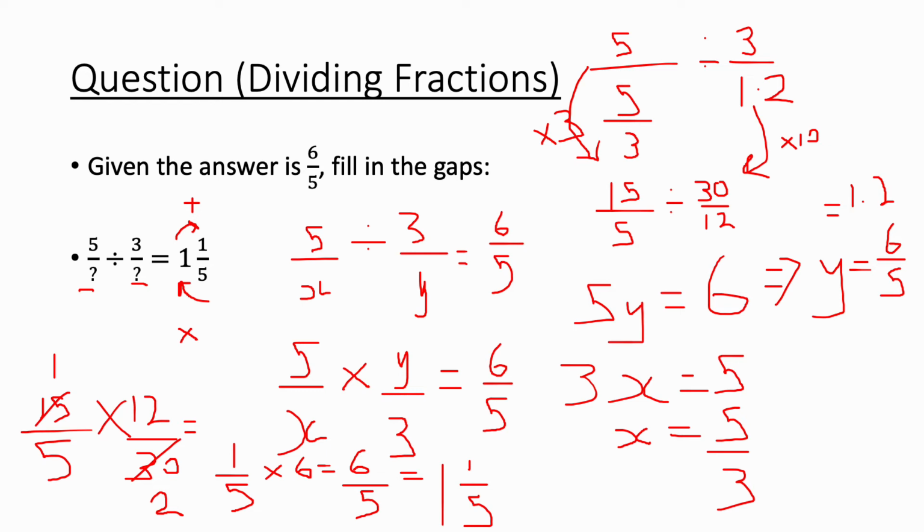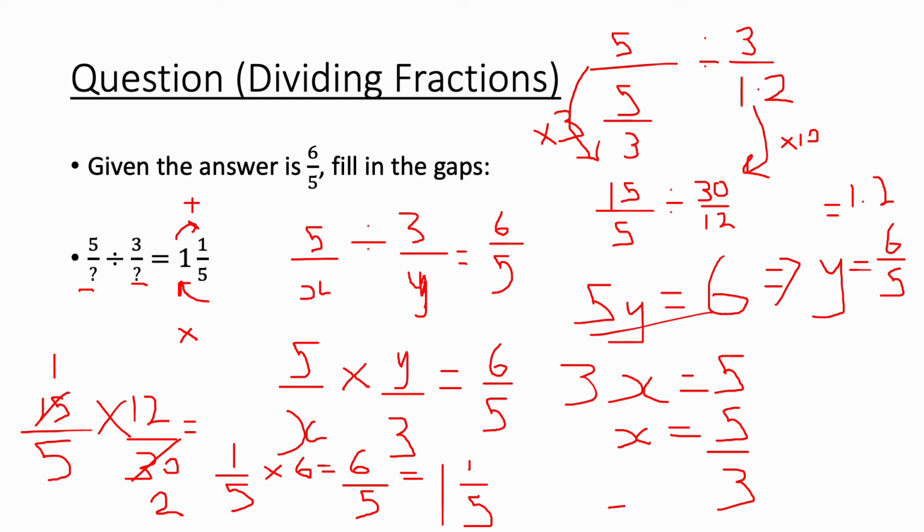So I introduced some letters, and I followed the maths through by keep, flip, change. So keep the first fraction, flip the second, so take the reciprocal of the second fraction, and then change the division to a times. Then multiplying fractions, all I do is times the numerators together and times the denominators together, and then make it equal to the fraction on the right hand side.